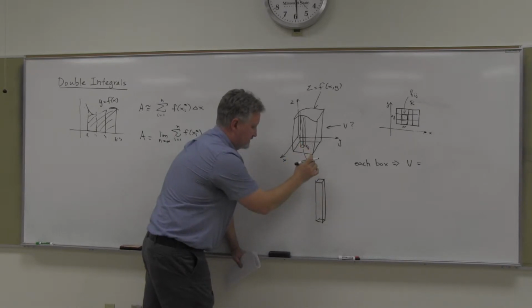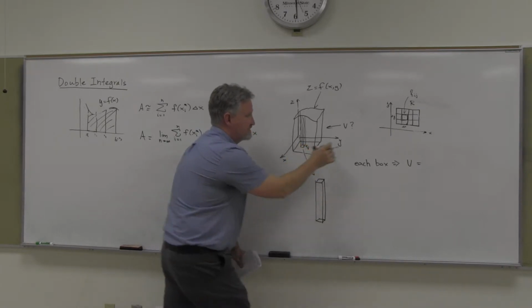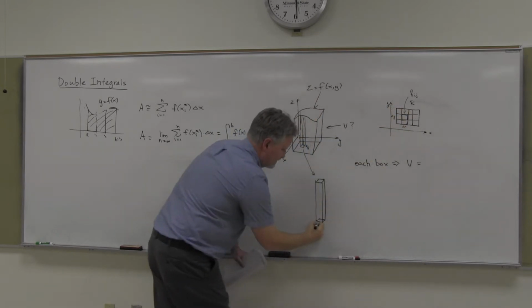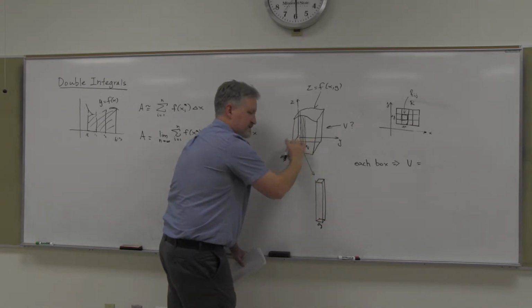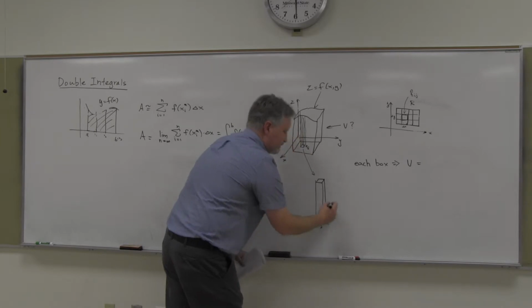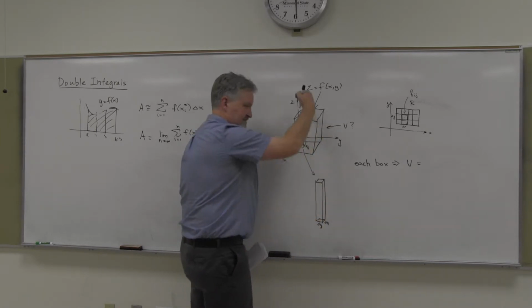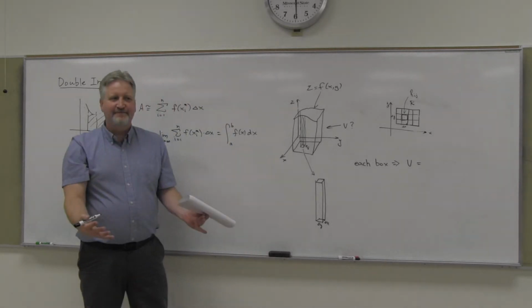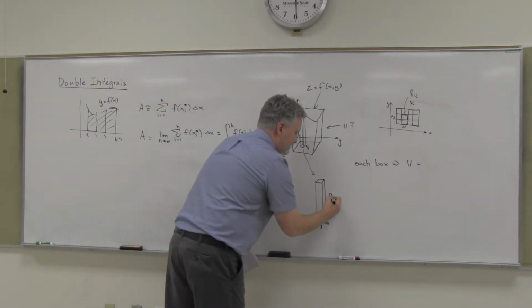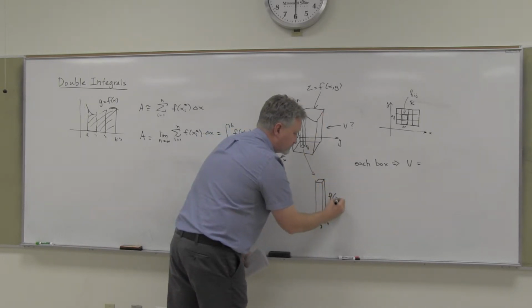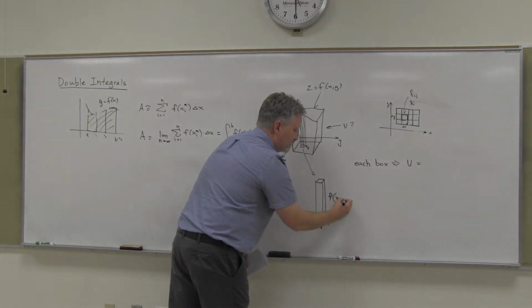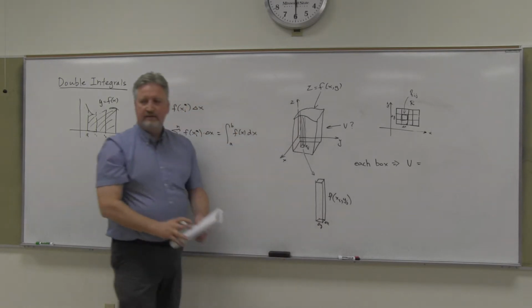Well, I guess it's that, which is the change in the Y. That'd be the change in the Y. So that'd be my width. Well, that'd be this one, which is the change in the X. And then the height of the box, well, that's where you do your function value. So it'd be the function value at whatever X sub I, Y sub J you're at. Okay?